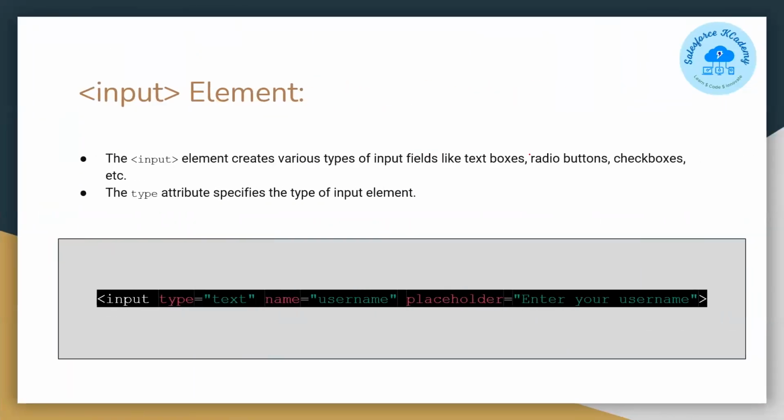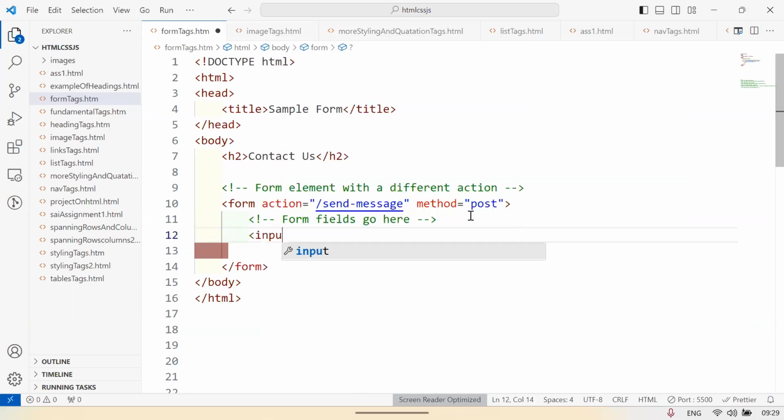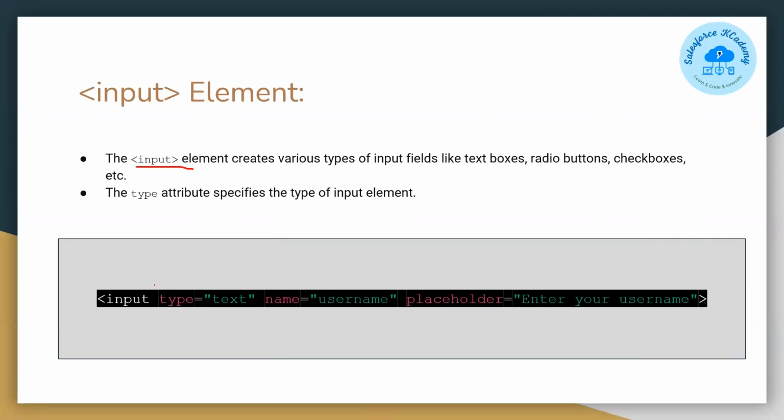Let us start with the input element, like a username. You type a username. There is an element called the input element. Let me type the input element here. In the input element, there are attributes called type, which is very important to us, then a name attribute, then a placeholder attribute.